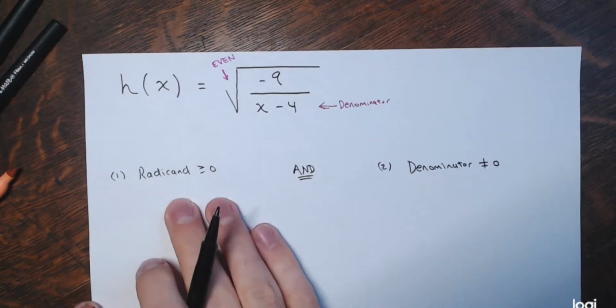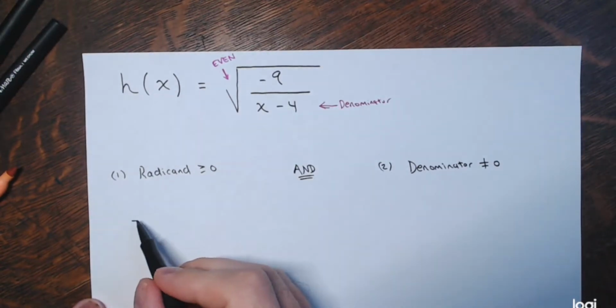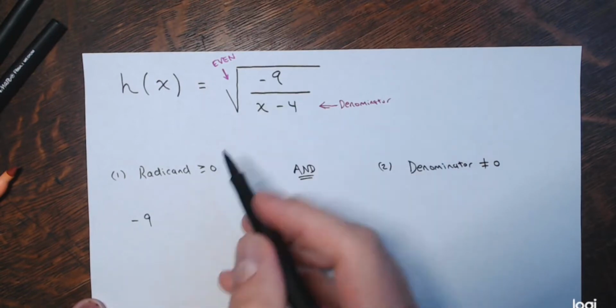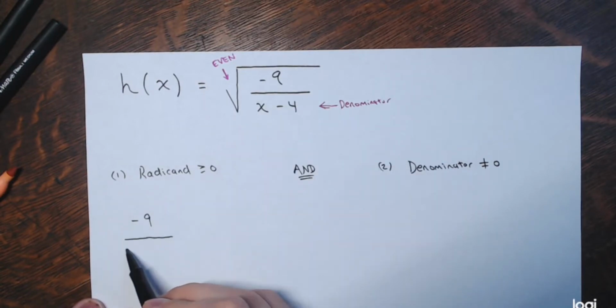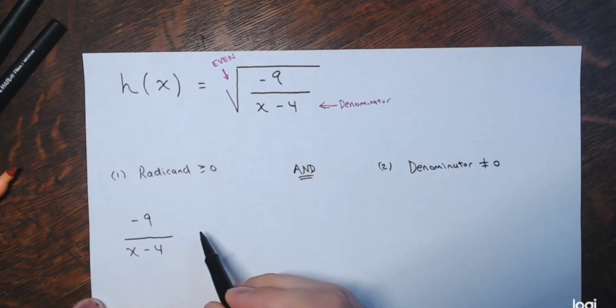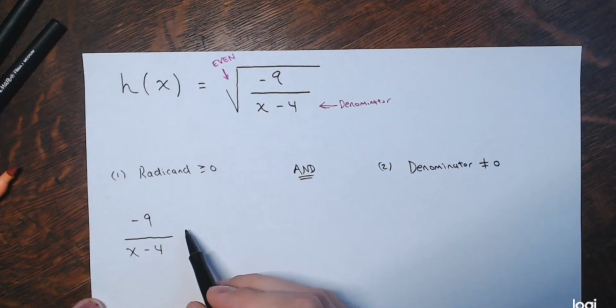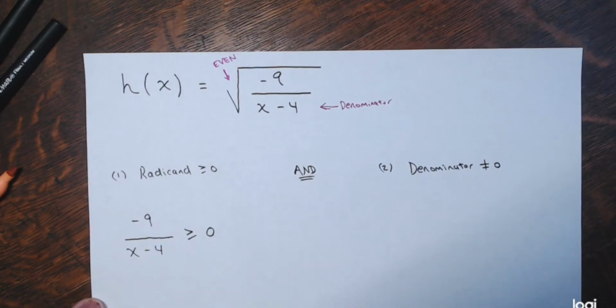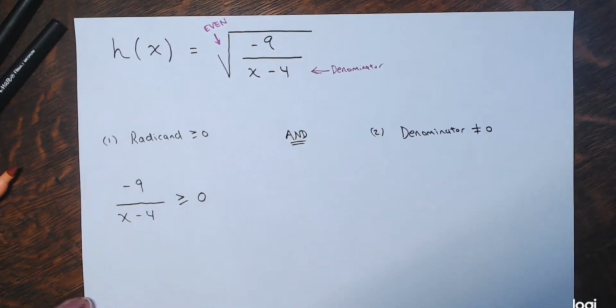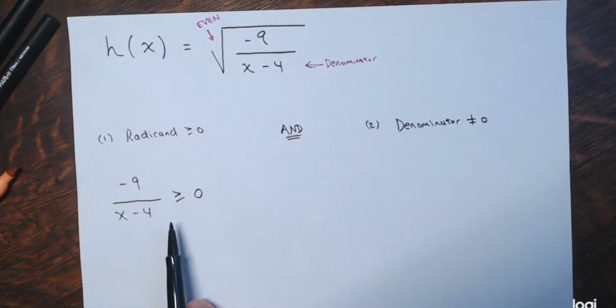First, let's look at the radicand. The radicand is the expression underneath the radical symbol, -9 divided by x minus 4. We have to make sure we get values of x that make this greater than or equal to 0. So when does this happen? I'm assuming you know how to do this.